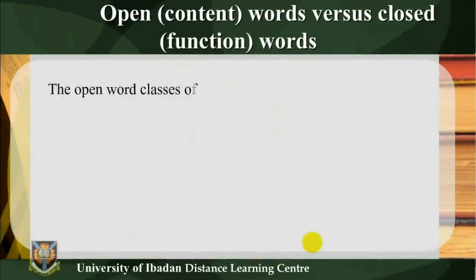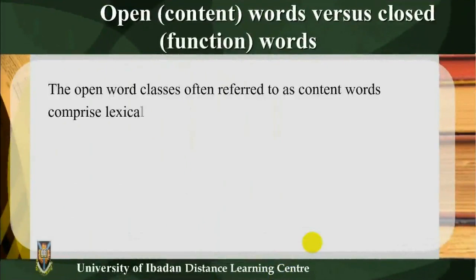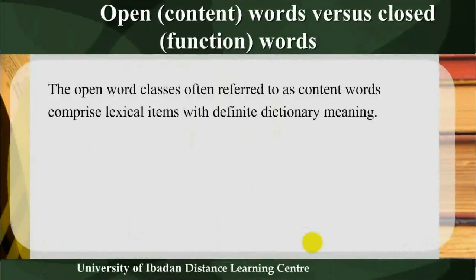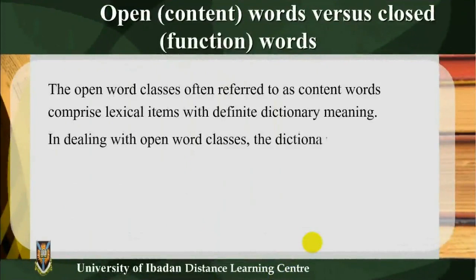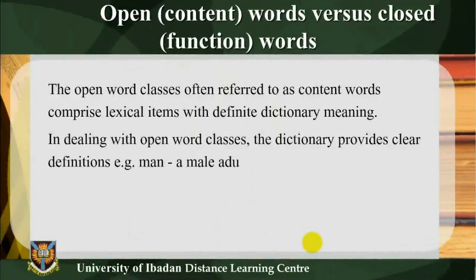Open content words versus closed function words. The open word classes, often referred to as content words, comprise lexical items with definite dictionary meaning. In dealing with open word classes, the dictionary provides clear definitions. Example, man, a male adult.